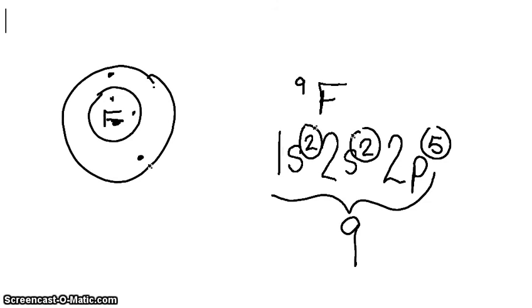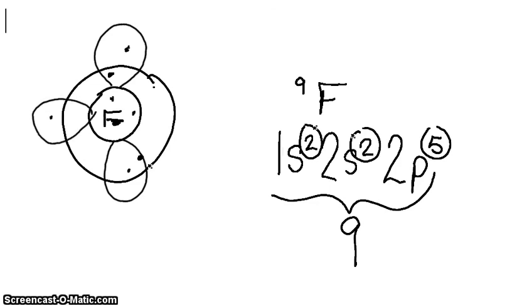Now 2p's are hard to see. One p shell looks like this, and has 2 electrons in here. And the next p shell looks like this, has 2 electrons in here. Alright, and the third p shell only has 1 electron because we only have 5, but we have room for 6.